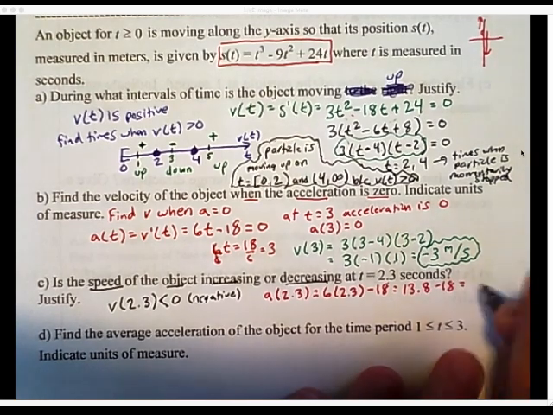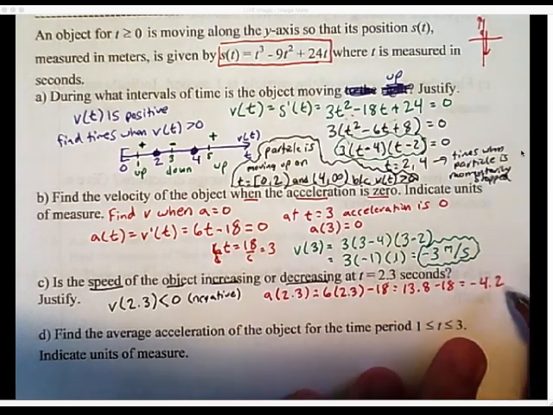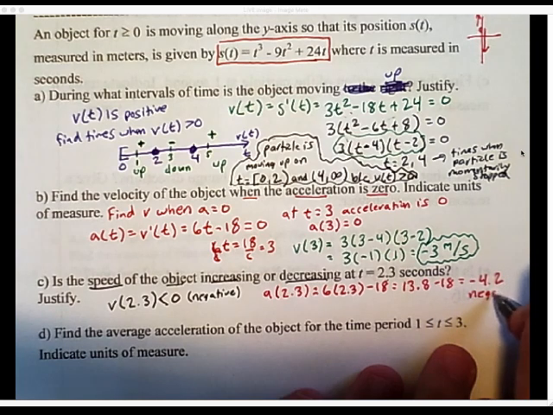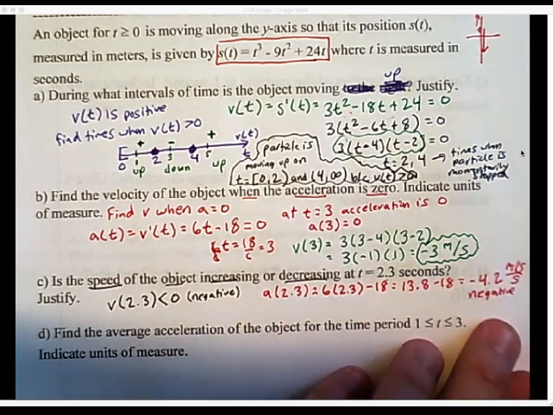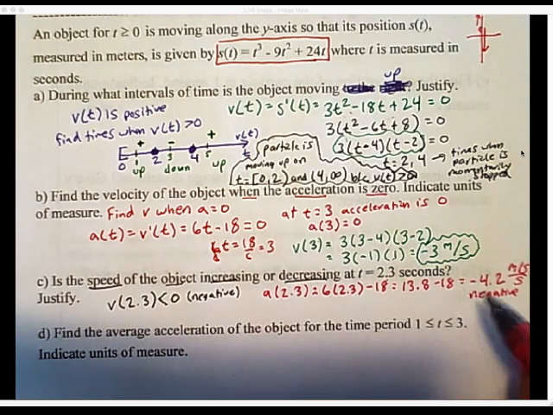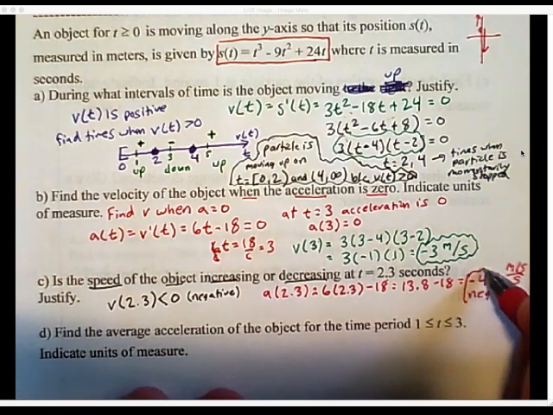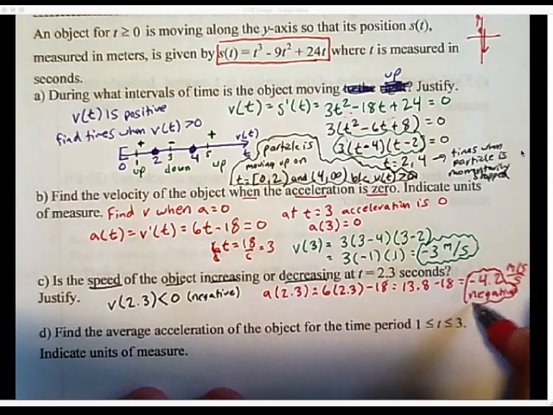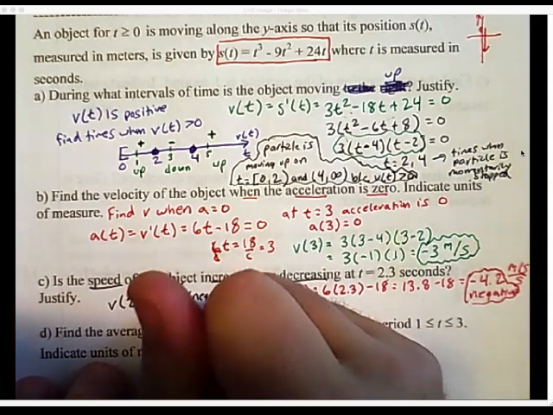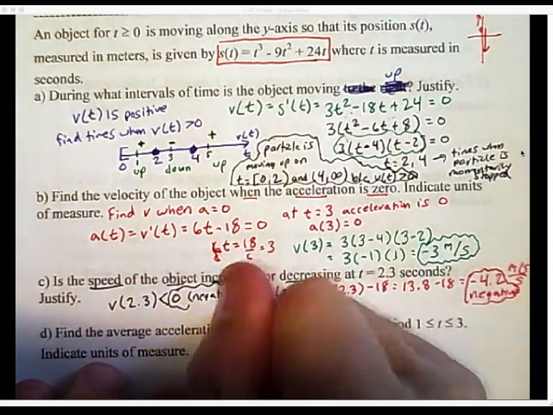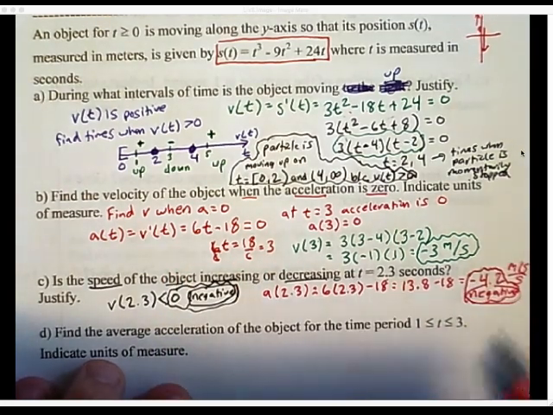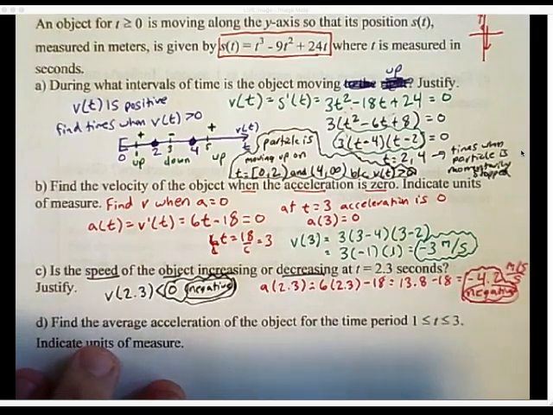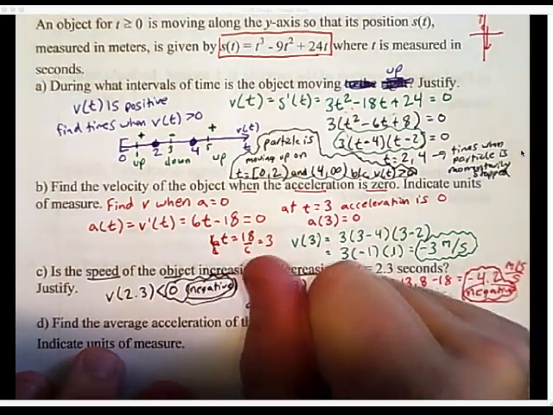If I subtract those, it's negative 4.2, which is also negative. And that would be meters per second per second. So at 2.3 seconds, the acceleration is negative, and the velocity is also negative. So they have the same signs, they're both negative. If they have the same signs, then the object is actually speeding up.